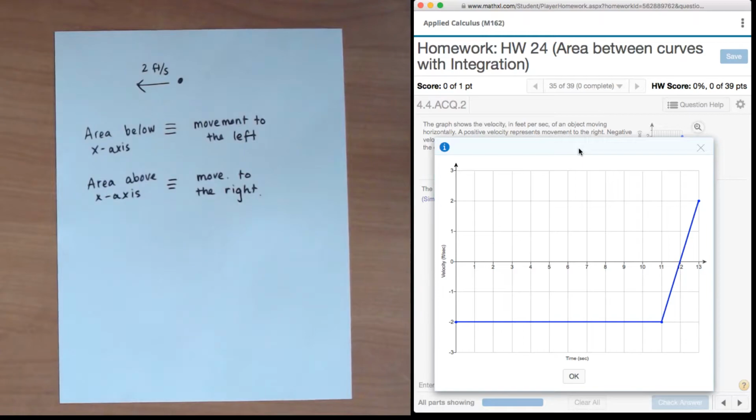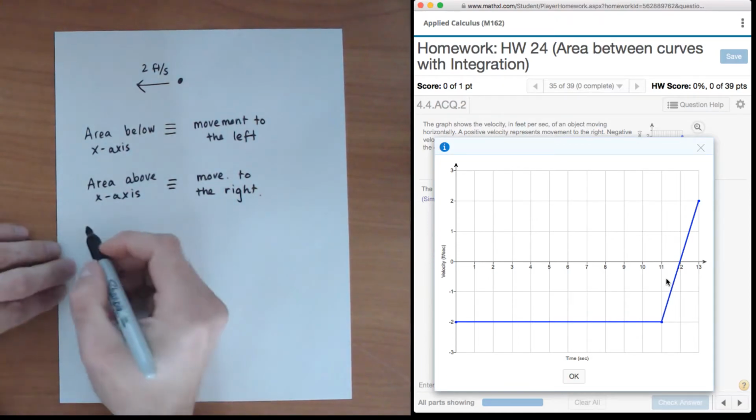So you'll find some area below the x-axis, and in fact we can even just use the rule of geometry to see that the area of this is going to be 11 times 2 plus the area of this triangle, so 1/2 the base times the height, where the base you can take as 1, the height would be 2, so 1 times 2, well, that'd give you 2, times 1/2 would give you 1.